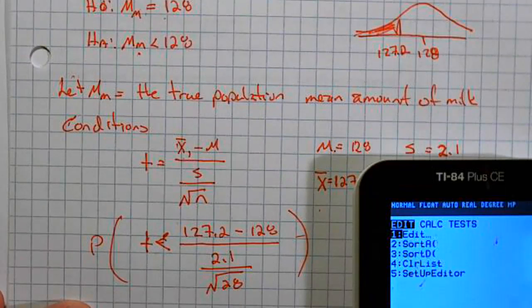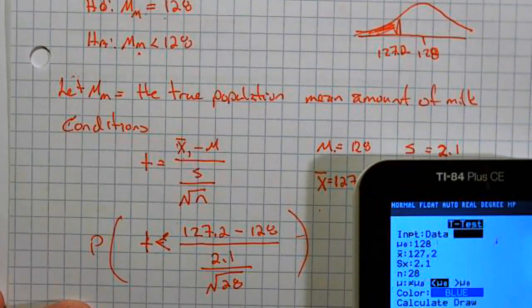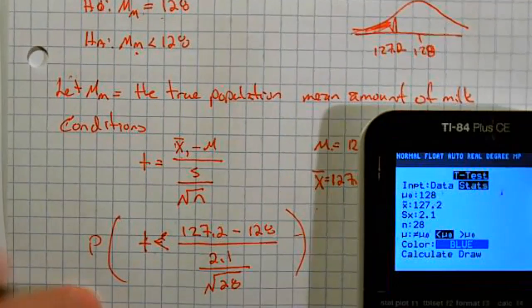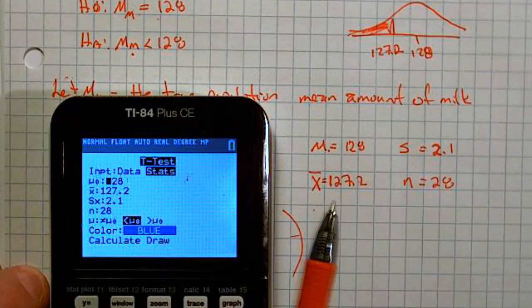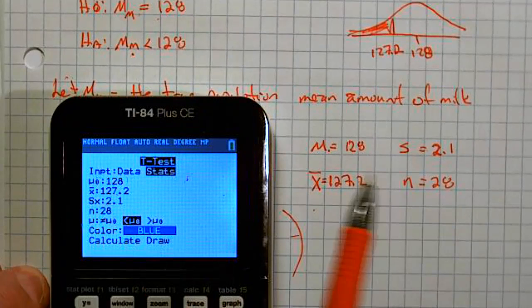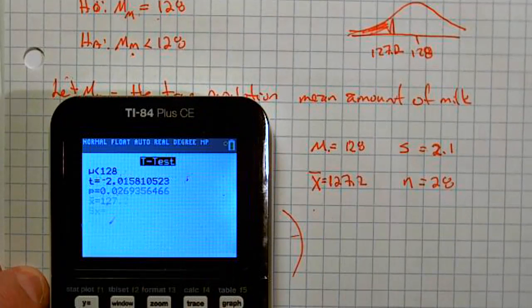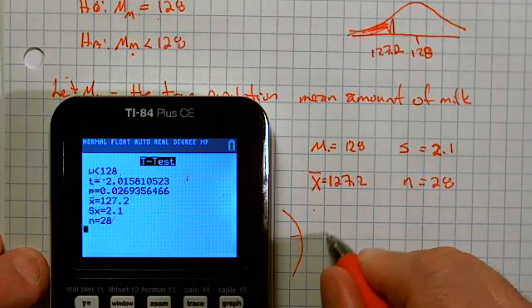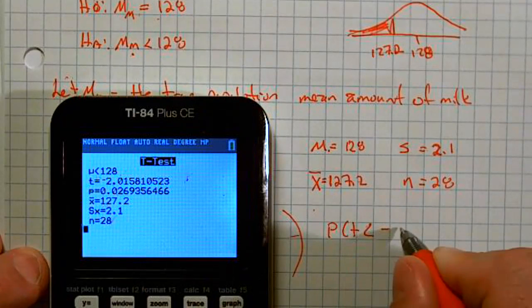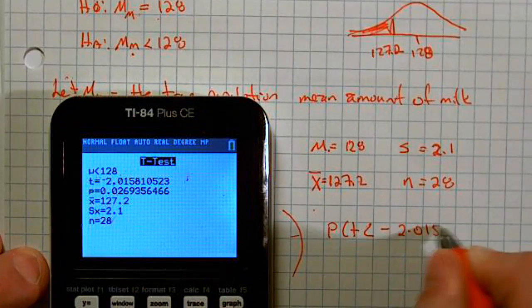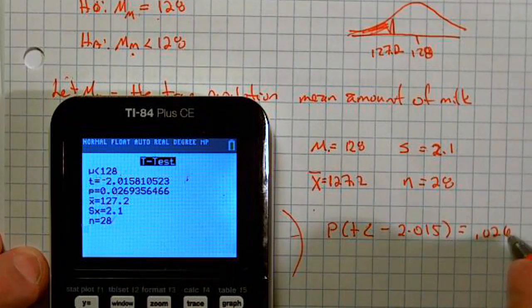We're going to go stat, test, t-test. My mean is 128. My X bar is 127.2. My standard deviation 2.1. And we said it was a less than. So the probability that t is less than negative 2.015 equals 0.0269.